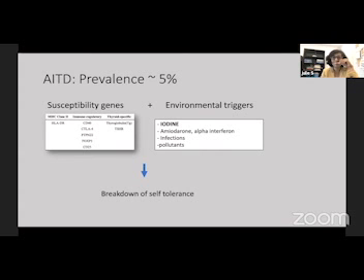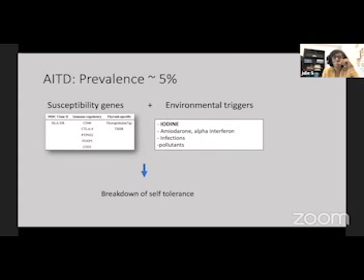Environmental triggers with epigenetic modification, in the presence of these susceptibility genes, lead to breakdown of immune tolerance and autoimmune thyroid disease. I'll be talking a little bit about iodine in one of the upcoming slides.